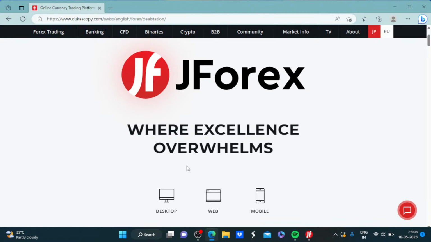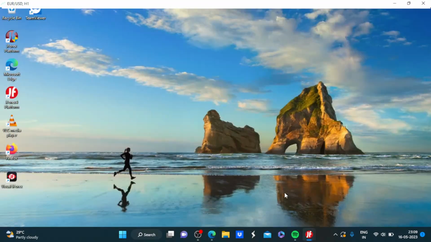So let us now head to JForex, the newly released trading platform from Dukascopy Bank SA. There is the Euro USD chart with each candle period defined at hourly.